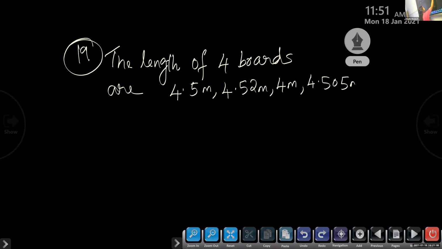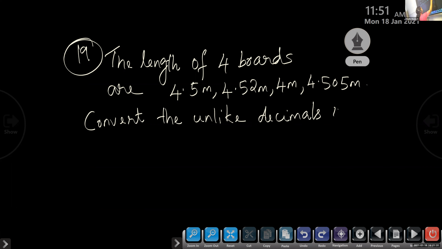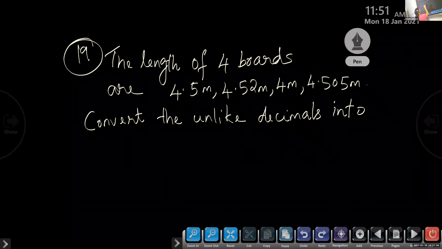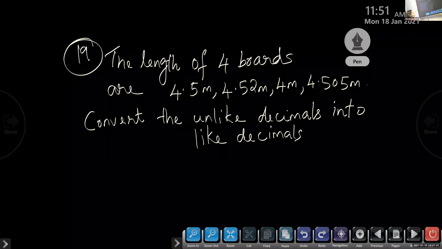So first step we will convert the unlike decimals into like decimals.